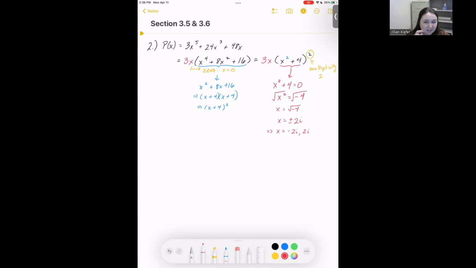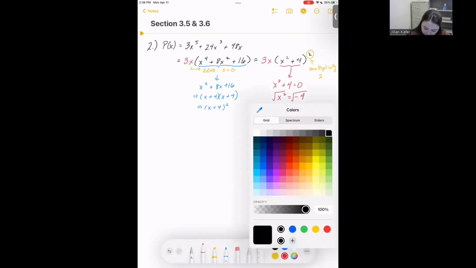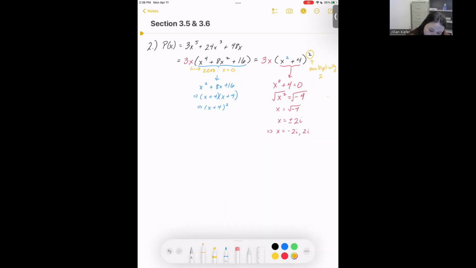But remember, we count the ones that have multiplicity as many times as the exponent says. So because -2i and 2i originally had multiplicity 2, these zeros get counted twice. -2i and 2i both have multiplicity 2.